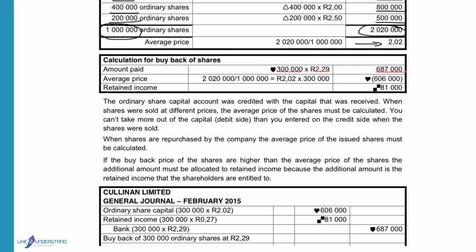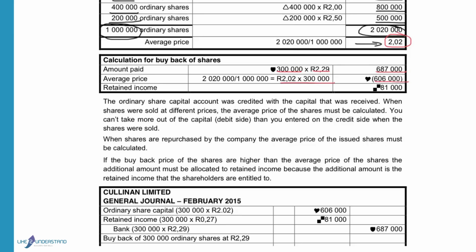And in the capital account, you cannot reduce it by more than R2.02, because when you sold the shares, you credited the capital account with the money received, and that gave us an average on the credit side of R2.02. So the average price, R2.02, will be multiplied by the 300,000 shares, and that will give us 606,000.